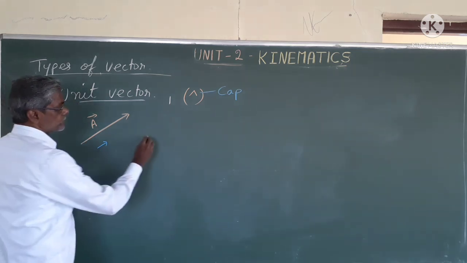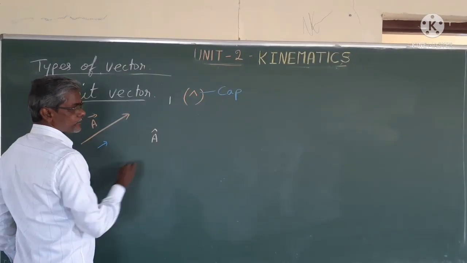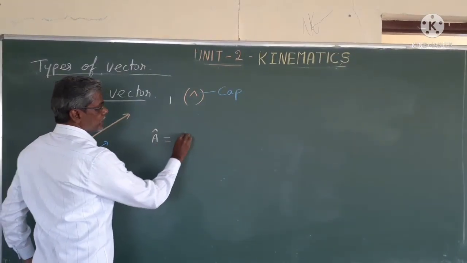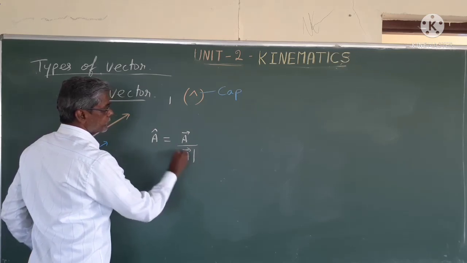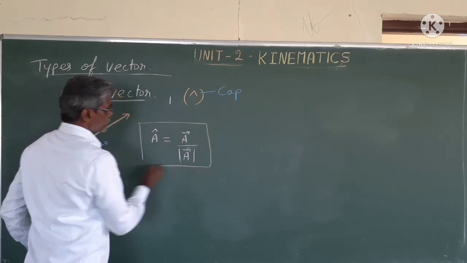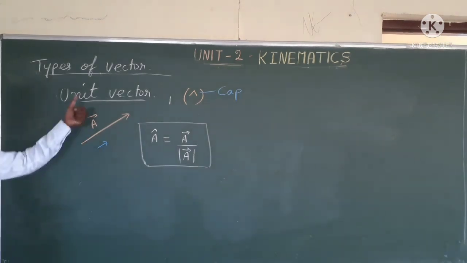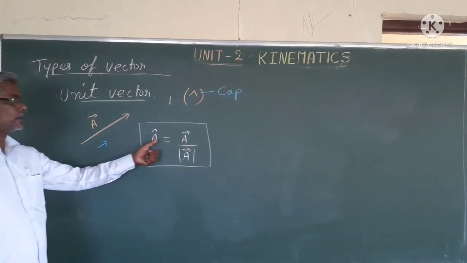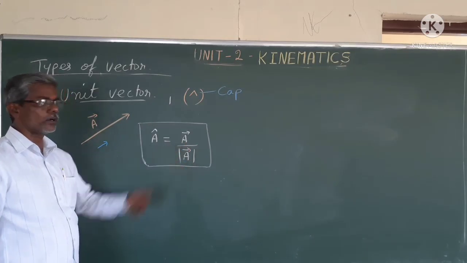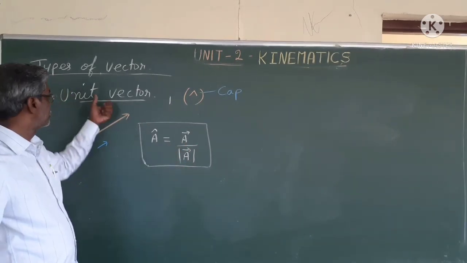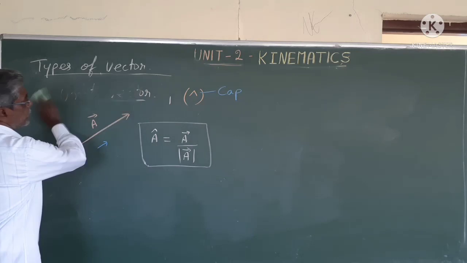So I can write a cap is equal to A vector divided by modulus of A vector. This is how to calculate the unit vector. That is about unit vector.